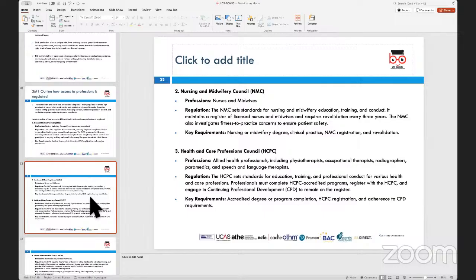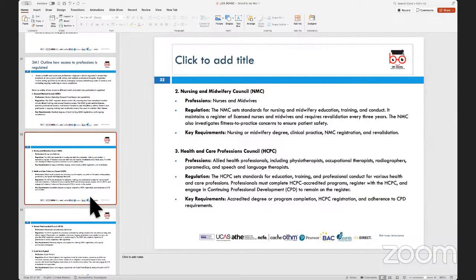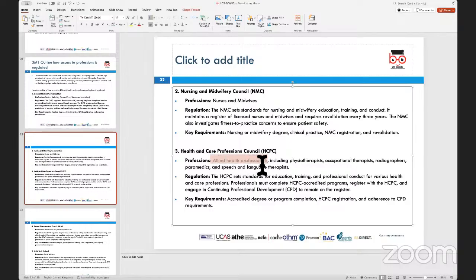The third one that I'm going to briefly mention is the Health and Care Professions Council, HCPC. A lot of us will work as healthcare professionals within this sector, whether it's social workers or healthcare assistants. You would be involved. And apart from that, it covers various other professions and specialisms, including allied health professionals such as physiotherapists, occupational therapists, radiographers, paramedics, speech and language therapists.